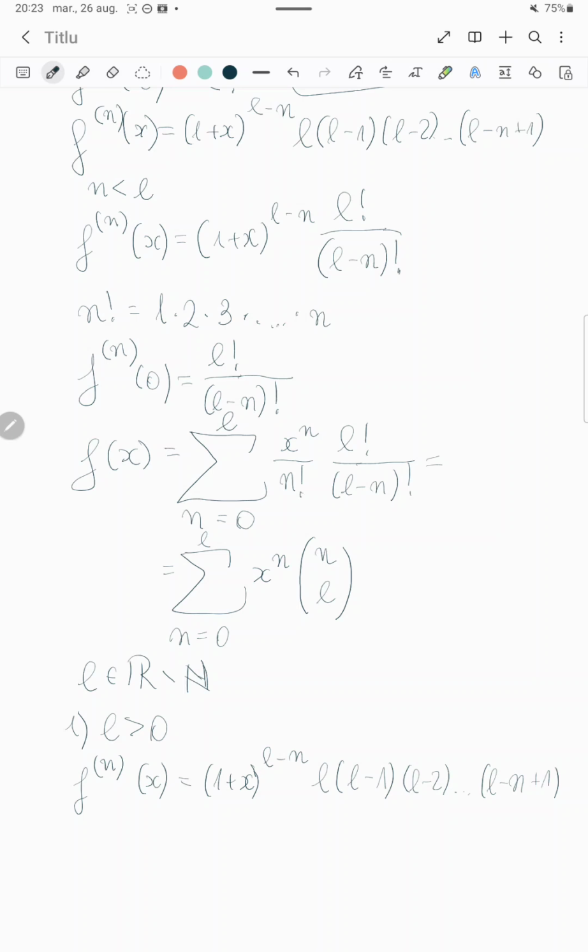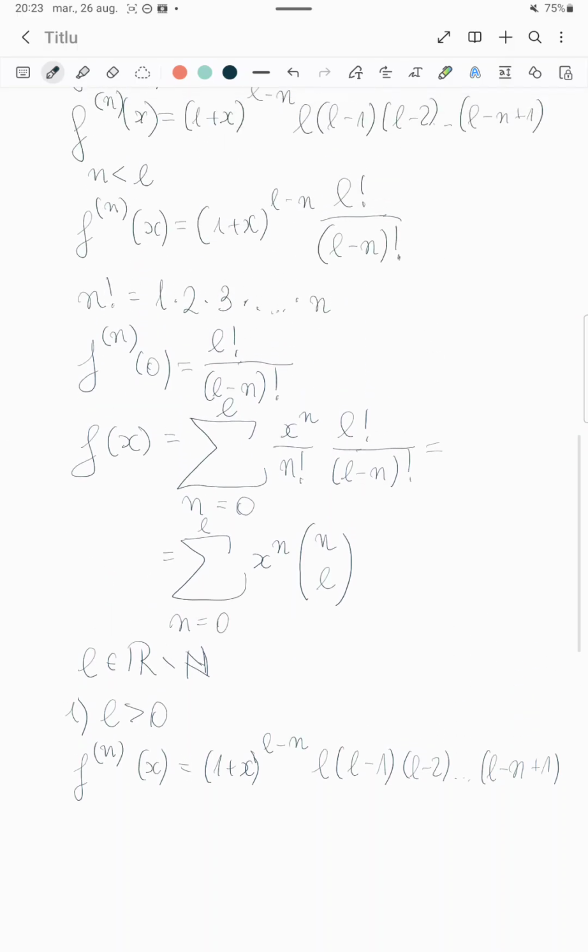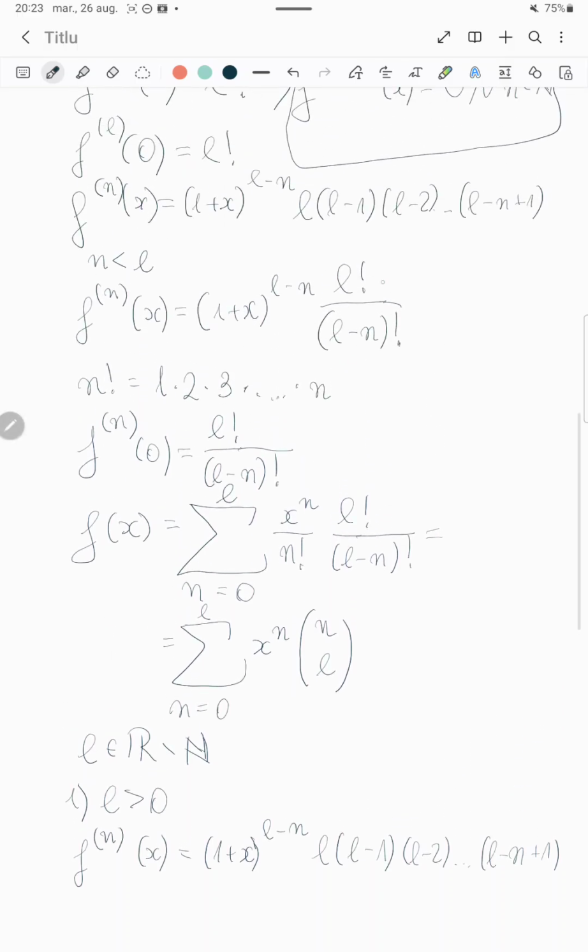Okay. Now hear me out. When one looks at this long product, one may think of actually shortening it, just like we did here. But as I said before, this factorial is only defined for natural numbers.